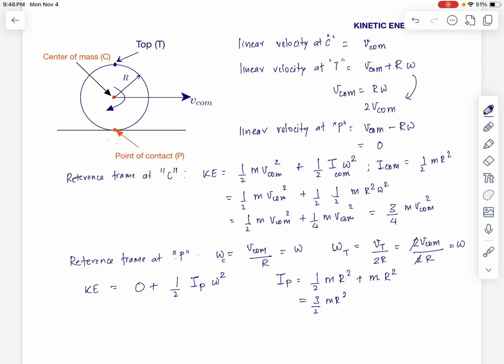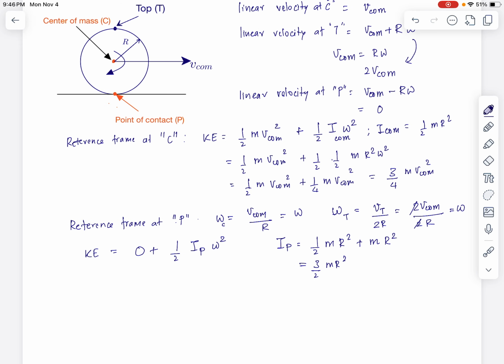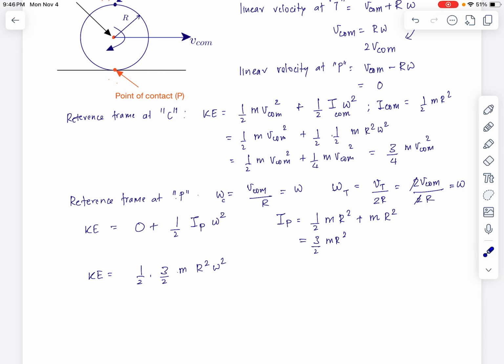We plug this value in and we get the kinetic energy equals half times 3/2 m r square omega square, and r square omega square is nothing but v center of mass square.